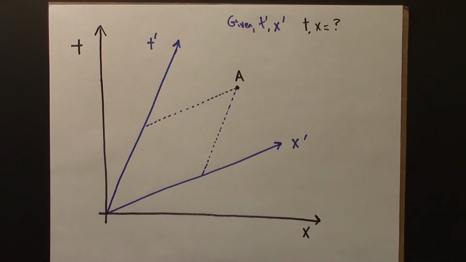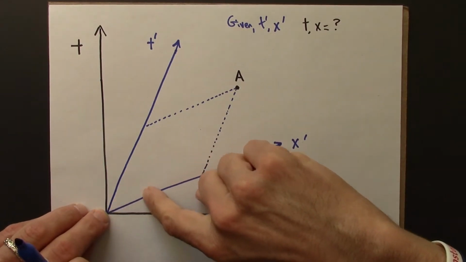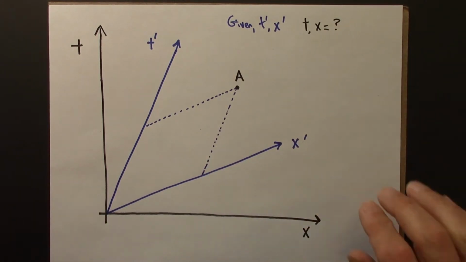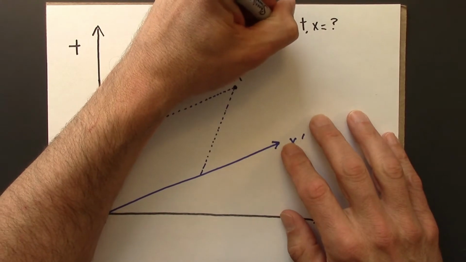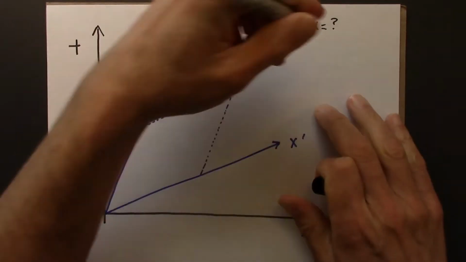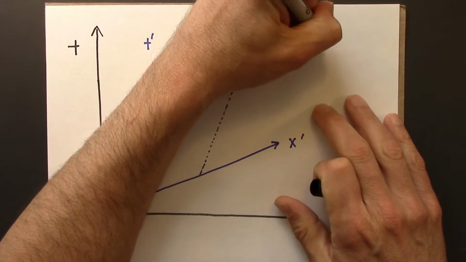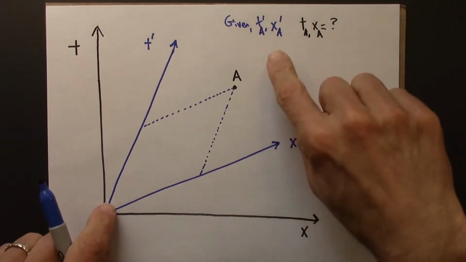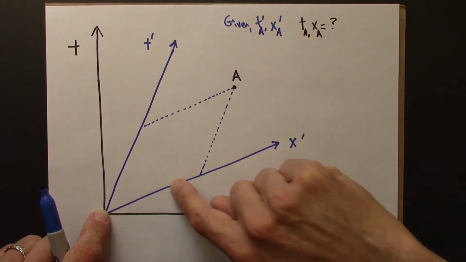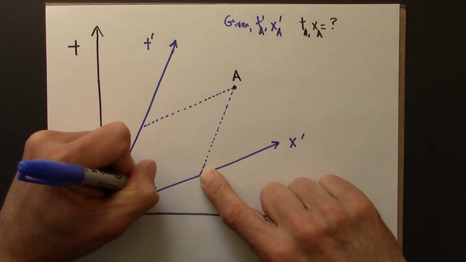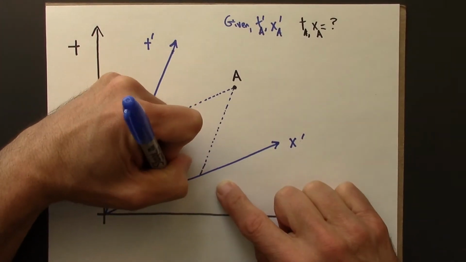So we know x prime. So x prime, that would be this length on this graph. And maybe, because I'm referring to this event A, let me put A subscripts there. All right. So x prime, that's this length. That's how we would visualize x prime on this chart.